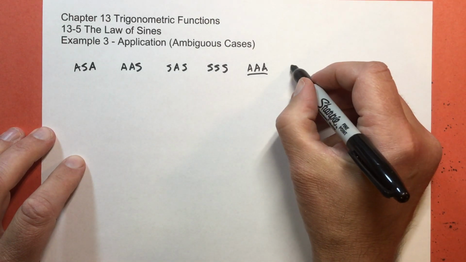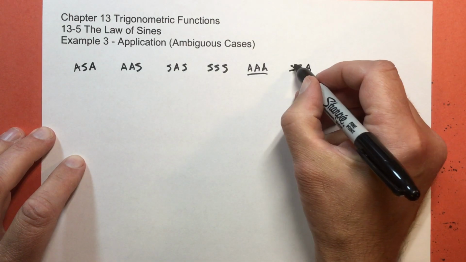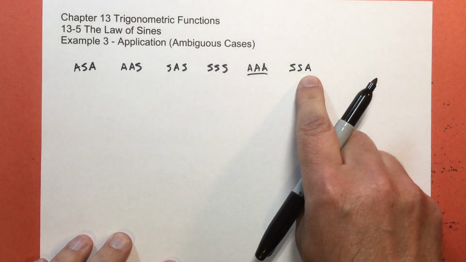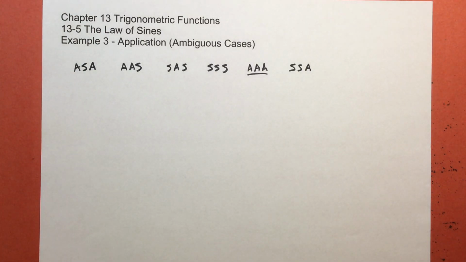The last one is what we're going to be dealing with now. And I'm going to write it this way: side, side, angle. Now, side, side, angle becomes hypotenuse leg, and you probably remember hypotenuse leg, in a very certain situation. Side, side, angle actually becomes hypotenuse leg if the angle is 90 degrees.